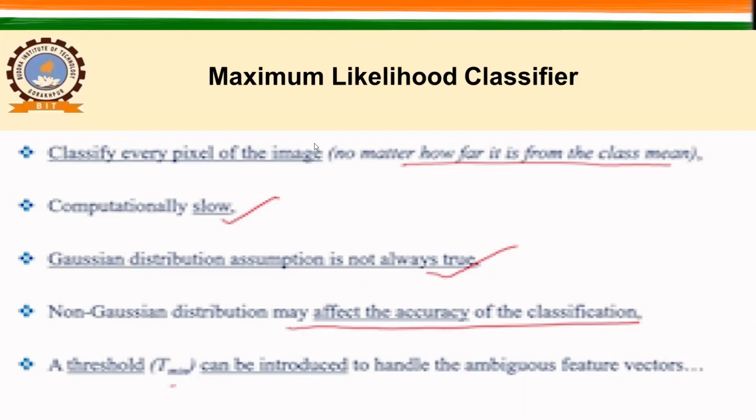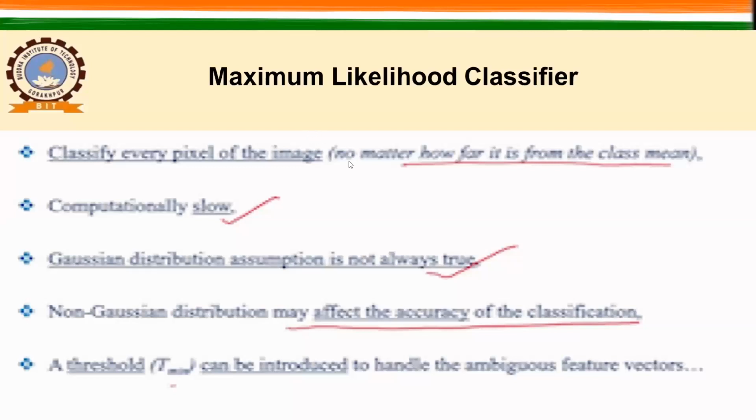I also indicated that in the previous slide, because in nature it is very difficult to find Gaussian distributed samples. Non-Gaussian distribution may affect the accuracy of the classification. A threshold T minimum can be introduced to handle the ambiguous feature vector, so a threshold can be introduced to resolve the ambiguity of the feature vector.